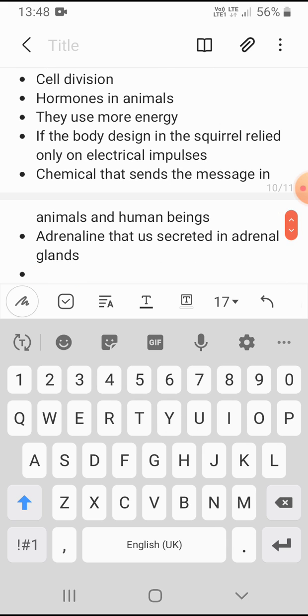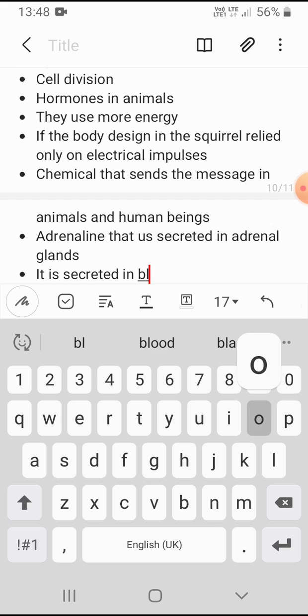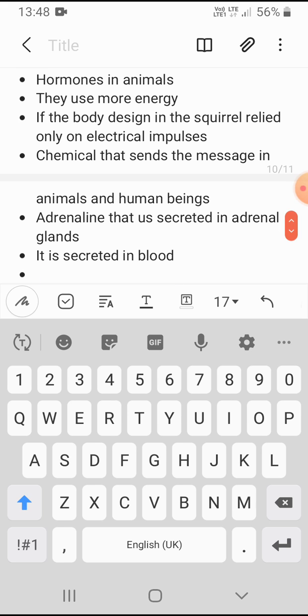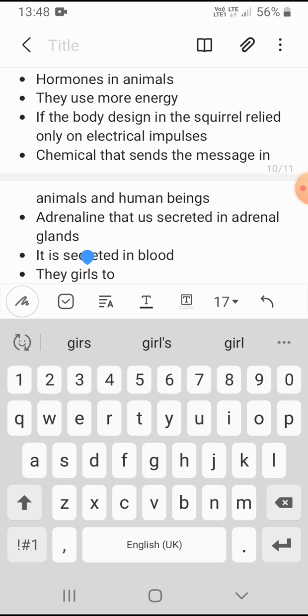And also it is secreted in blood. The adrenaline is secreted in blood, and it goes through the blood to the digestive system and to all parts of the body.